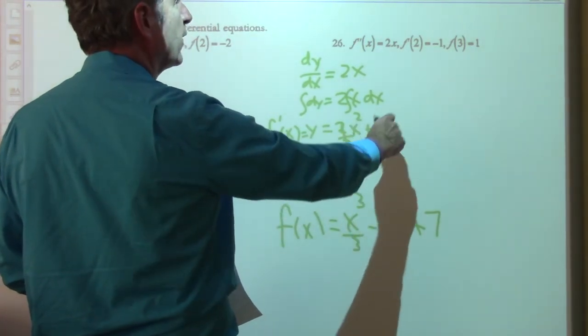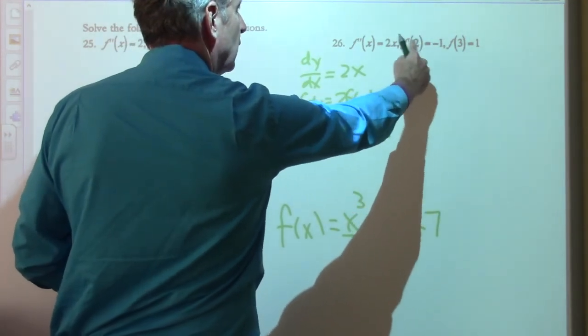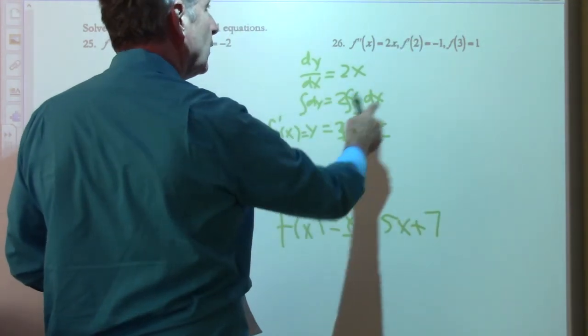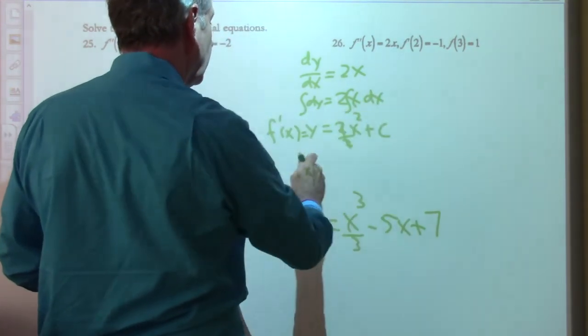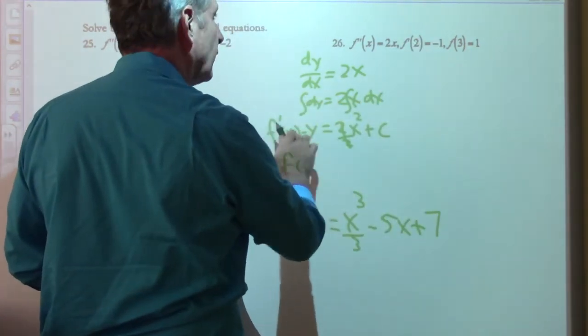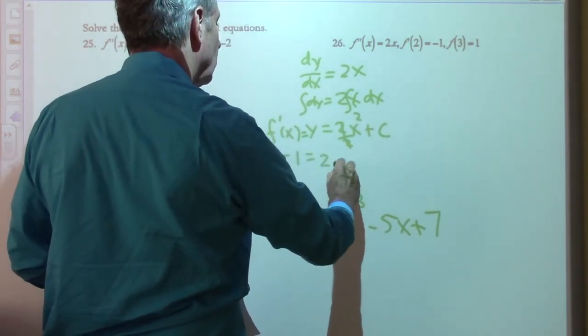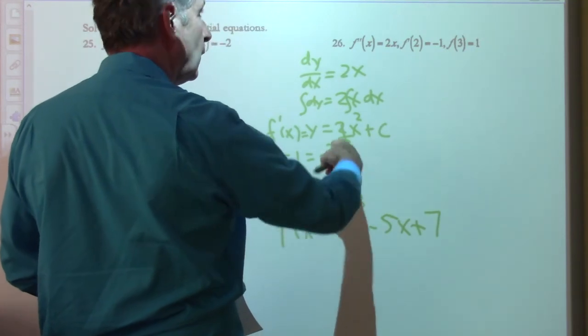And what do we do next? We substitute this here. So we say f prime of 2 is -1, which replaces this f prime of x equals 2 squared, right?